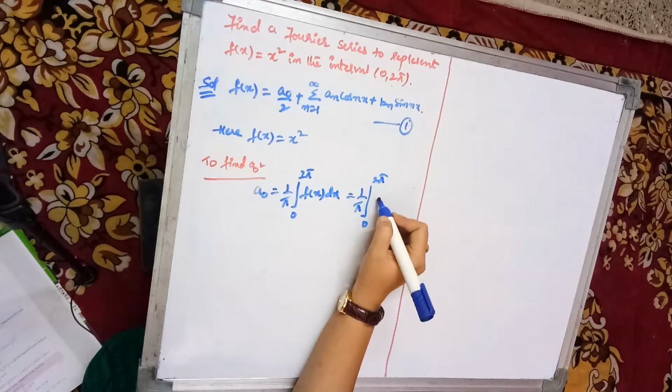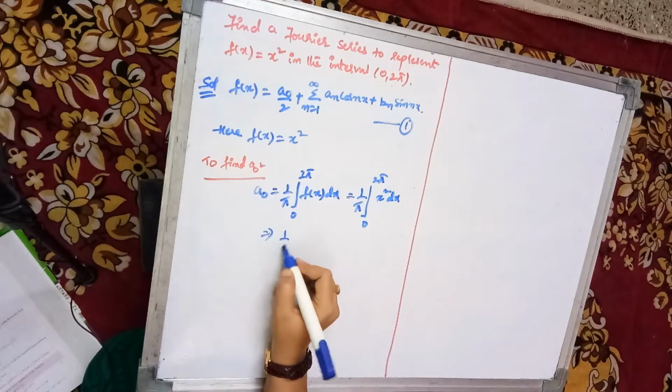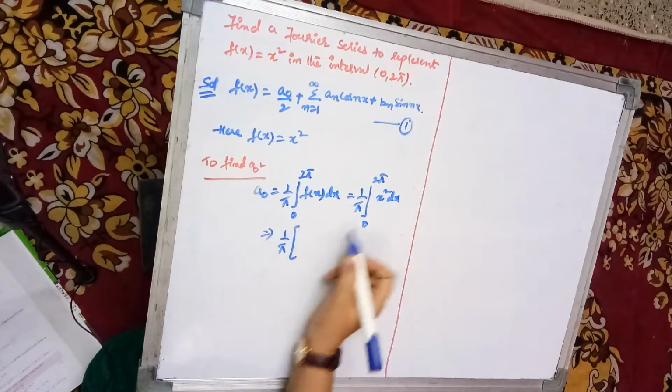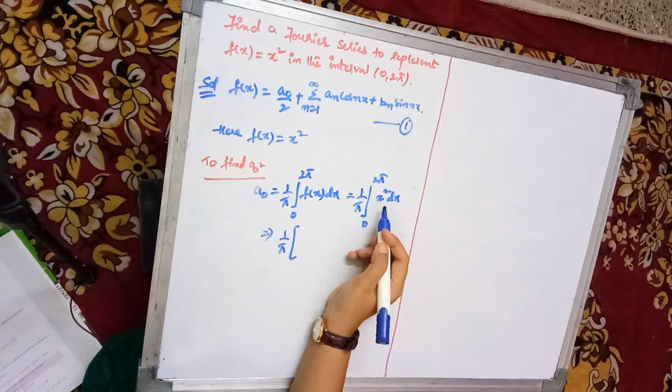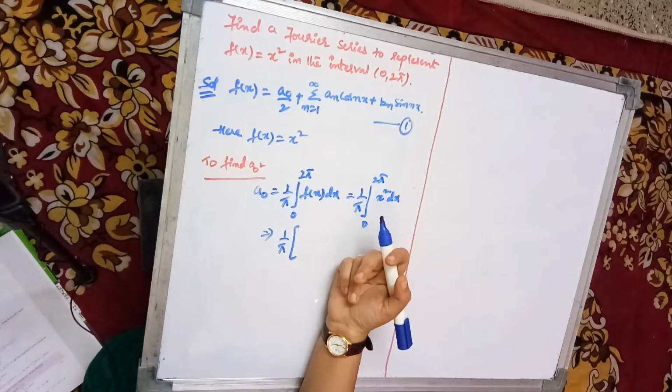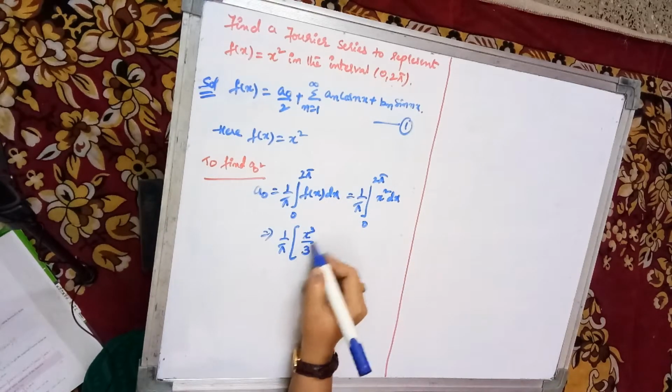What's your f of x? x square dx. Now, when you do the integration, which formula are you going to use? The integral of x to the power of n is x to the power of n plus 1 divided by n plus 1, which is the basic formula for integration. So it's x to the power of 3 by 3.